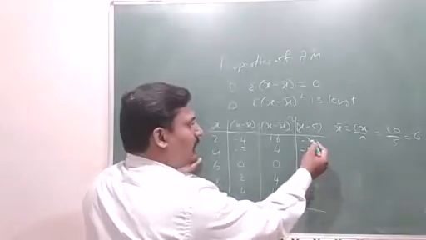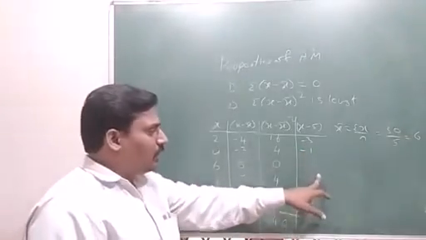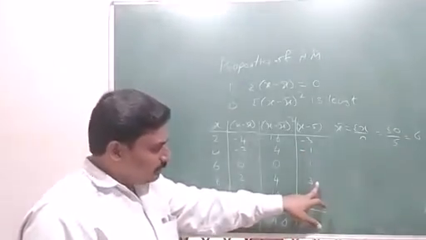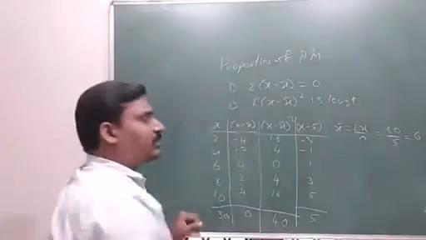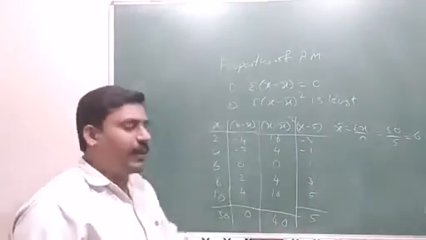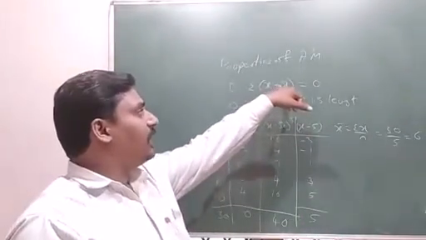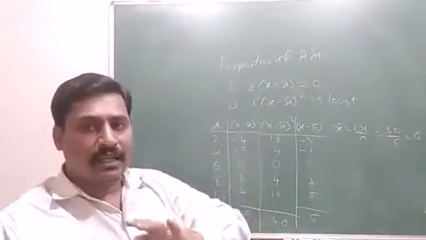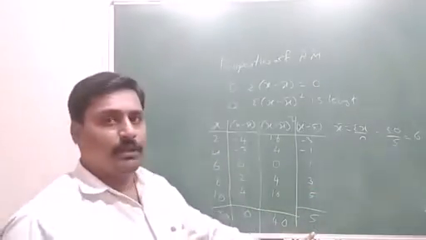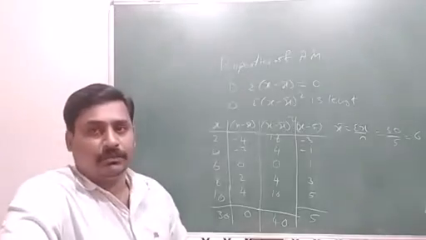So the total: minus 3 plus minus 1 is minus 4, minus 4 plus 1 is minus 3, plus 3 is 0, and plus 5. So the total of x minus 5 is 5. It's not 0. By this we confirm that if we take any value other than the arithmetic mean, the total will not be 0. And if you take the arithmetic mean, it will be 0.